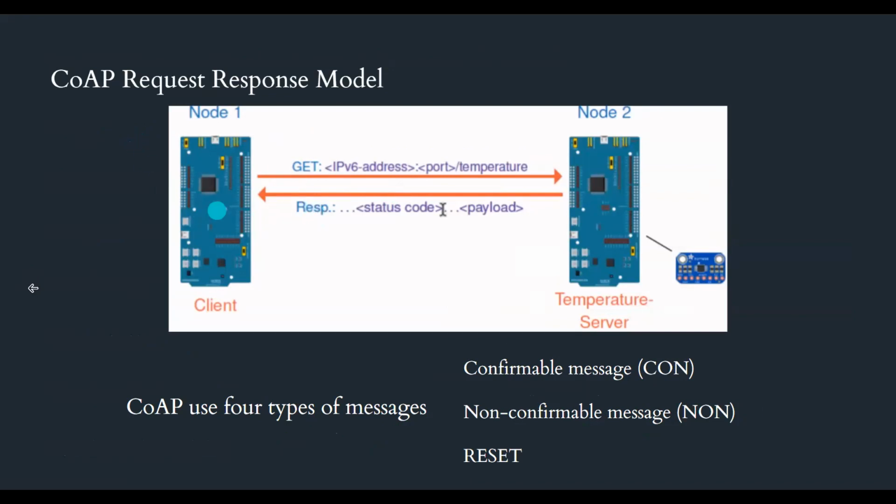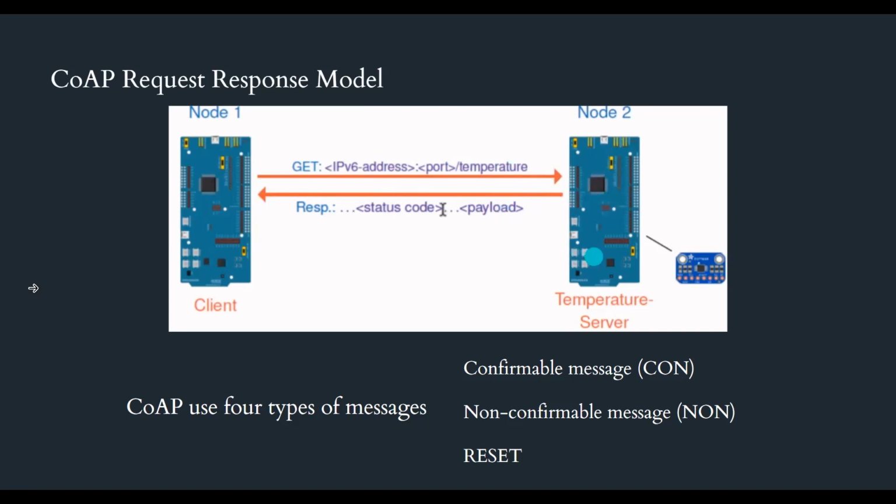In order to obtain some information, it uses the get request, mentioning the IP address and port of the device and the link that it needs to access, and sends that request to the device it is trying to connect to.